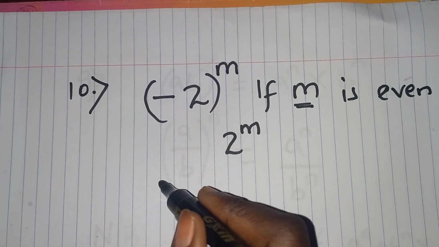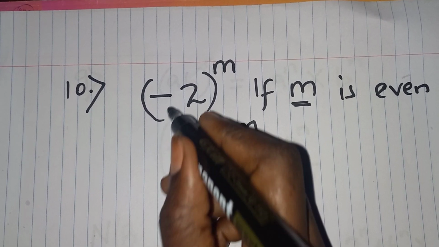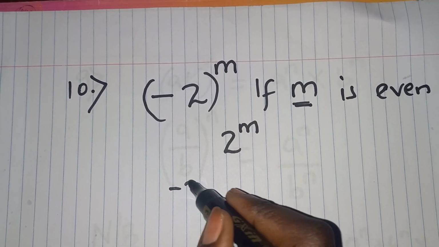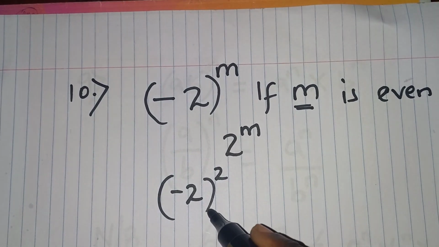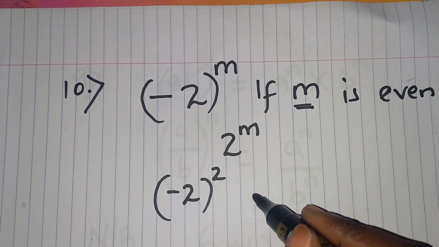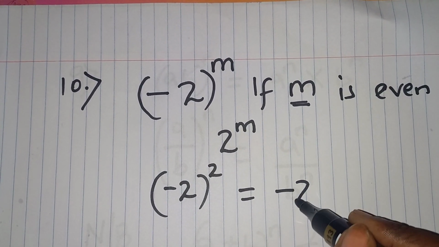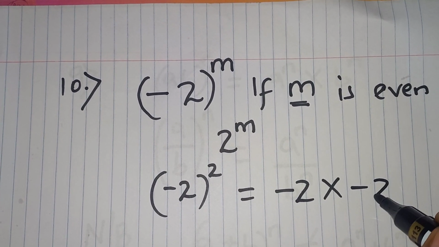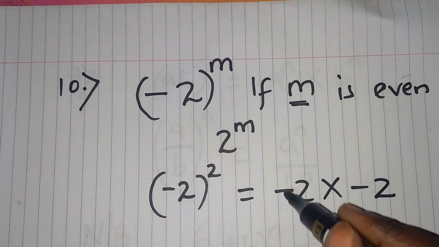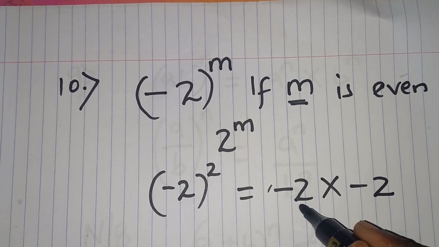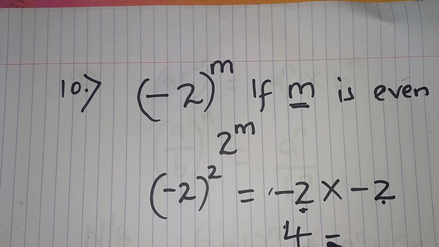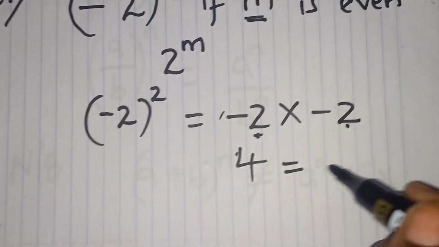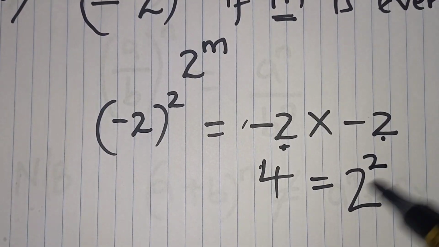Let's look at an example here. Let's say you have negative 2 raised to power 2. That will mean that you take negative 2 and multiply by negative 2. That means that this negative sign will go, and you'll be left with 2 times 2, which will be 4. And you know 4 is equivalent to 2 raised to power 2.